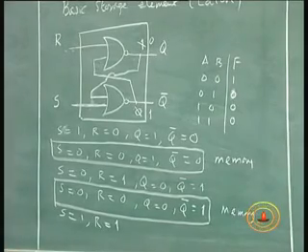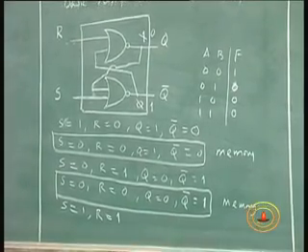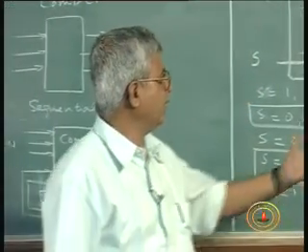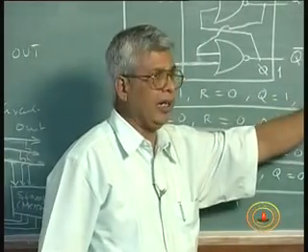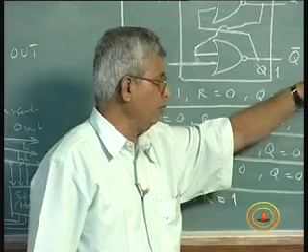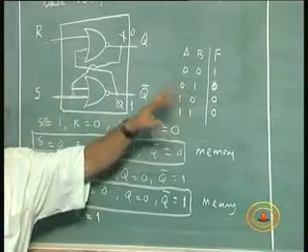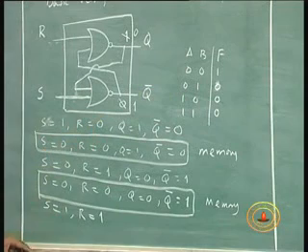What will be the output now when S is equal to 1 and R is equal to 1? Both our inputs are 1. Output has to be 0 0, because in a NOR gate, as long as one of the inputs is 1, the output has to be 0. So in this case, Q is equal to 0.